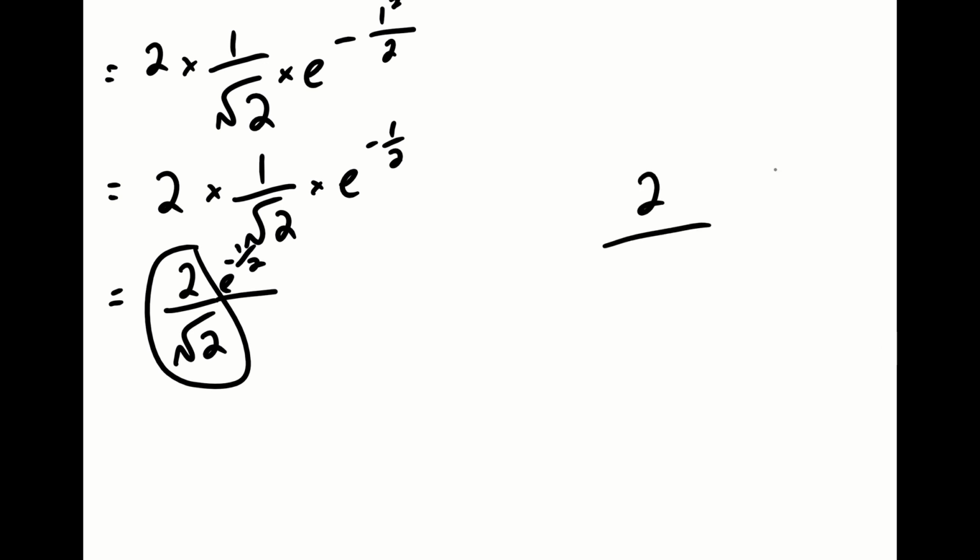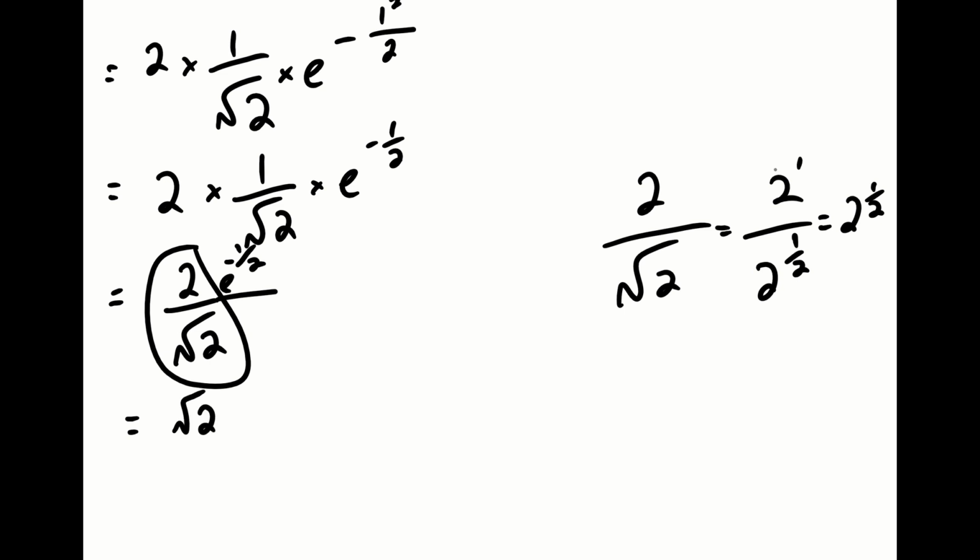Just remember that 2 on root 2 is the same as 2 on 2 to the power of 1/2. That's the power of 1. I can subtract these fractional powers and be left with 2 to the power of 1/2. Okay, so I really have 2 to the power of 1/2 on the top, which is really root 2, and this negative power I'm going to bring to the bottom and make it a positive power.